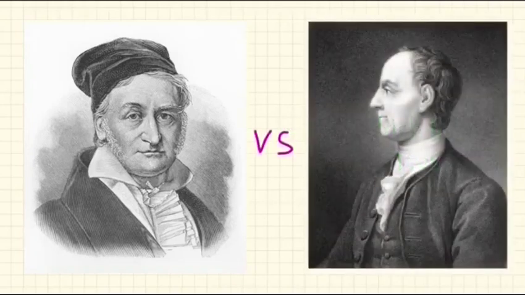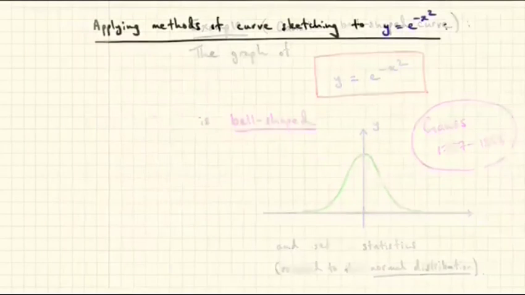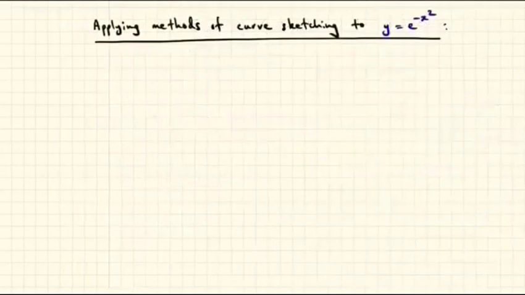The description bell-shaped is possibly slightly misleading. There are many curves you could say are in the shape of the bell, but this is the one that most people have in mind when they refer to a bell-shaped curve.